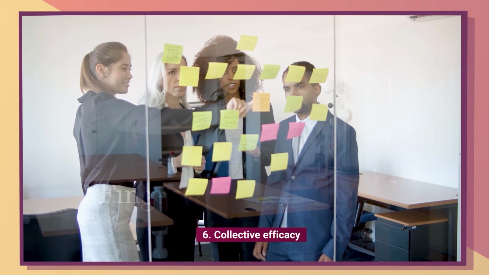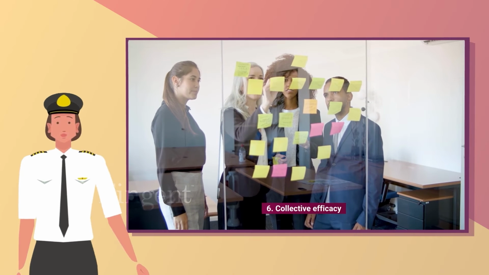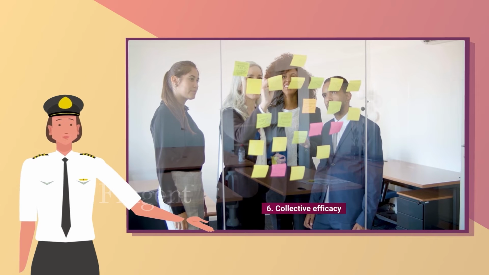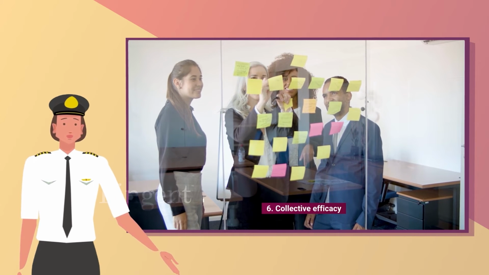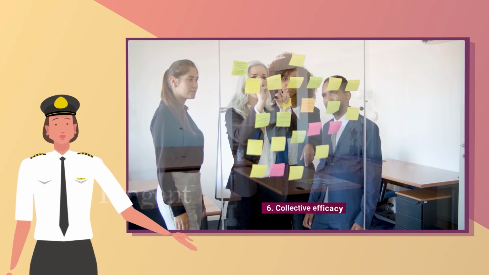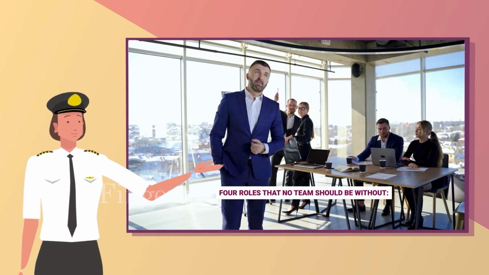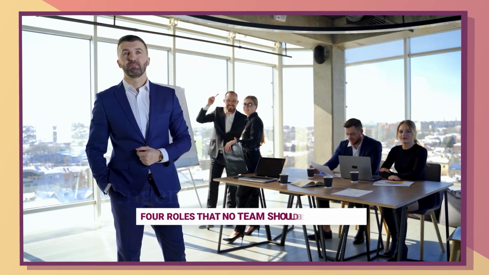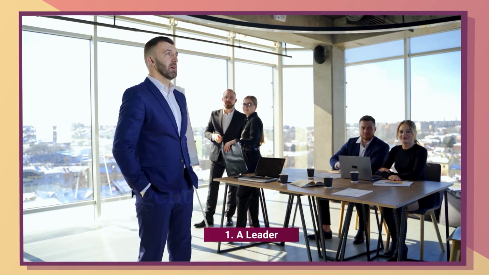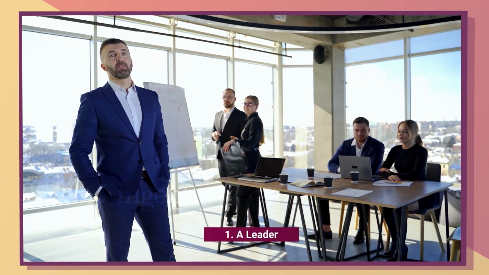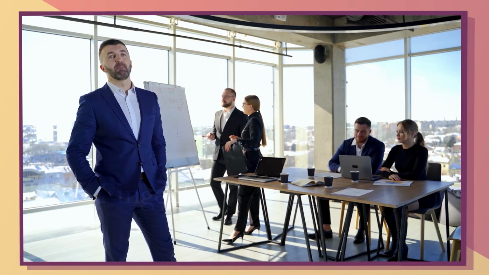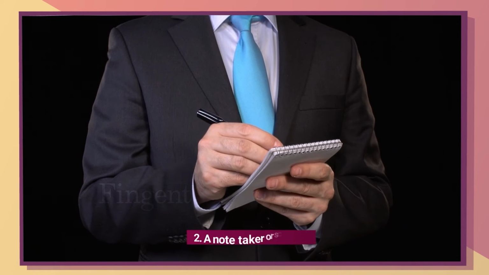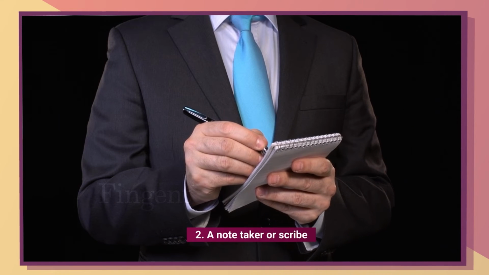And this is a bit of a balancing act. When the goal is just right, difficult but not impossible, the team will believe it can reach the goal only if it works hard together, and everyone will then put in the effort. Here are 4 roles that no team should be without. 1. A leader. A leader can keep the team focused, mediate conflicts, and ensure that individuals are held accountable. A note taker or scribe, by documenting and distributing notes from each meeting.